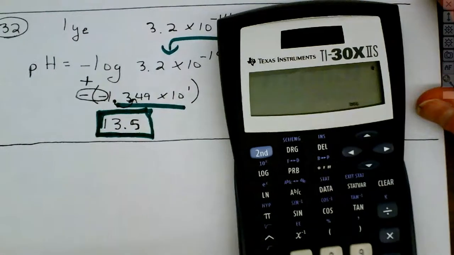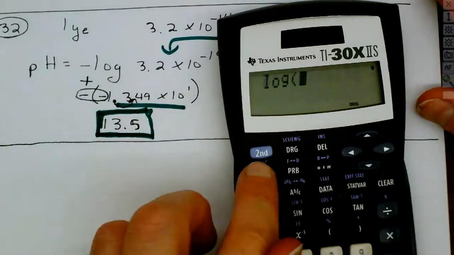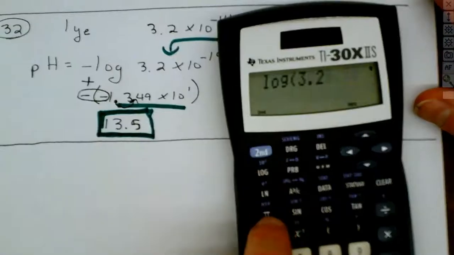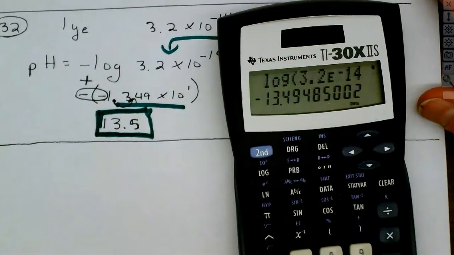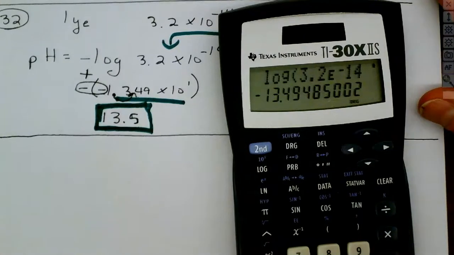Because if you just type log of, find the log key, log of 3.2, hit your double E key. We want negative 14 and hit equals. That comes out to be 13.49, right? Which would round to be 13.5.